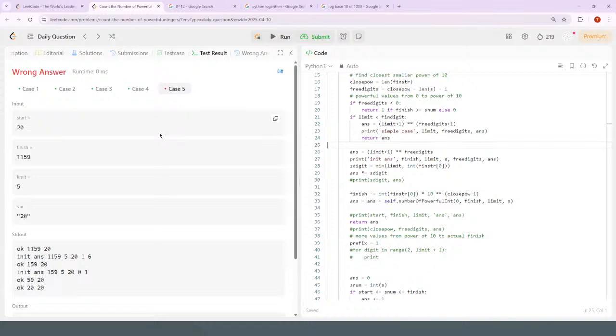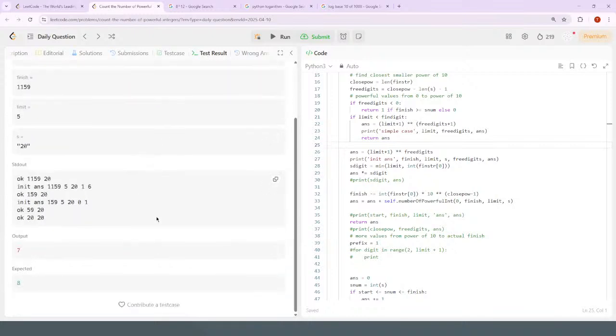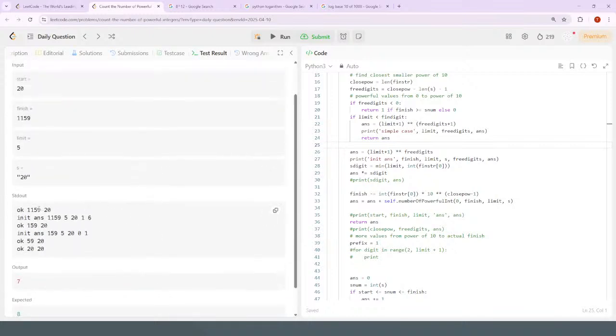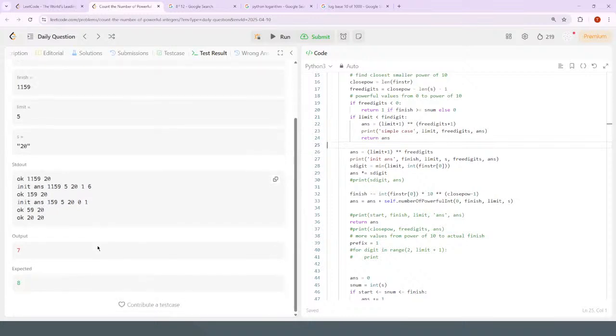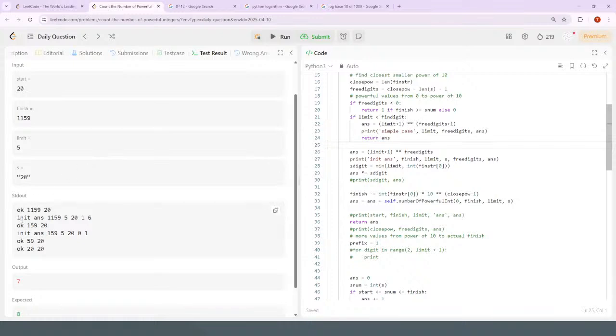Alright, so the start is 20 and the end is 11:59. Off by 1 again. So I'm calculating something smaller.